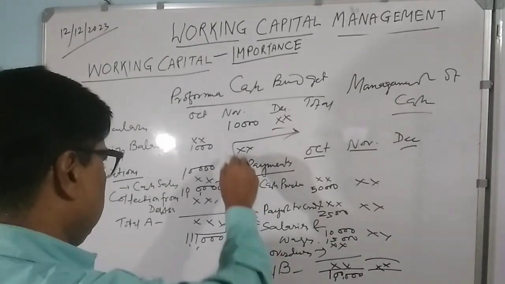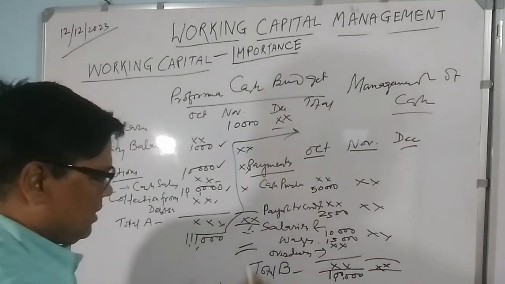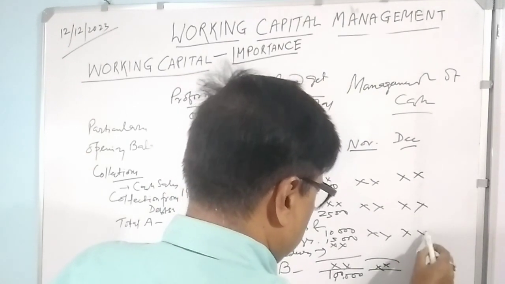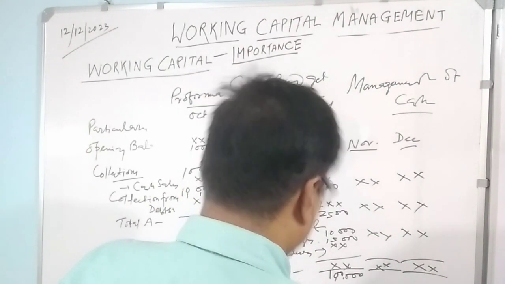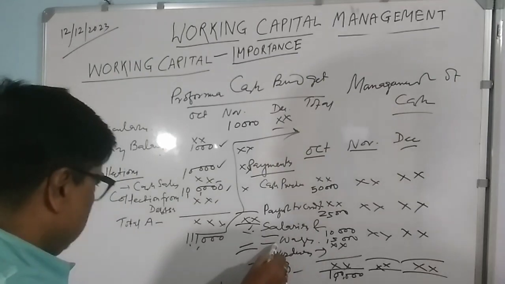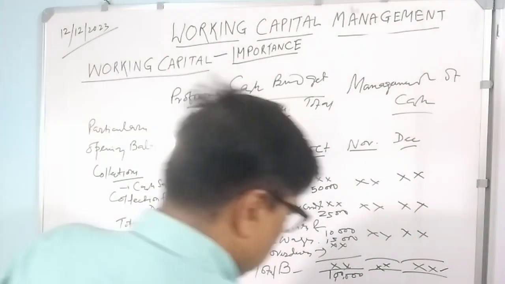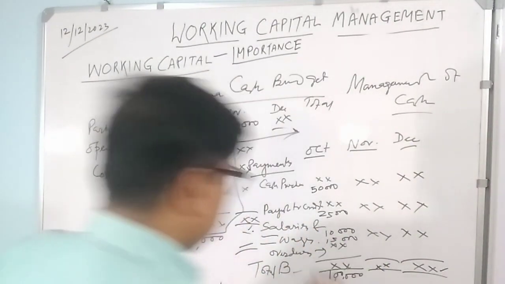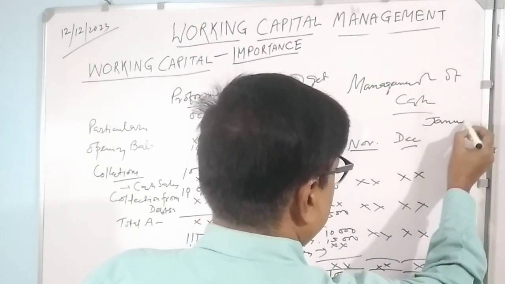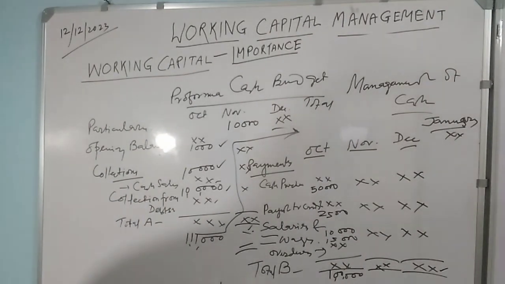December month also, similarly, you are receiving these receipts, sum total, and you have these payments also, and the sum total of payments. So whatever your December month total receipts, that is total A, minus your December month total payment, that will be your net closing balance at the end of December, which would become the opening balance of January for the next year. So this is the flow of your working capital.